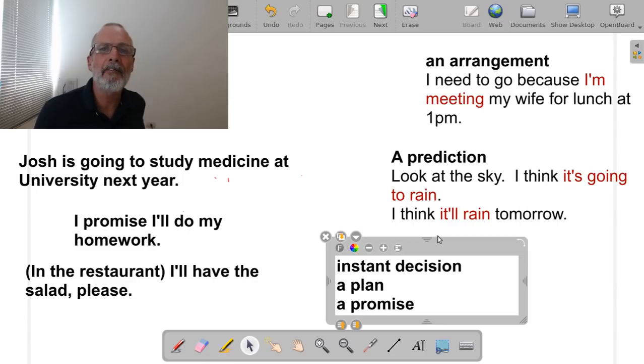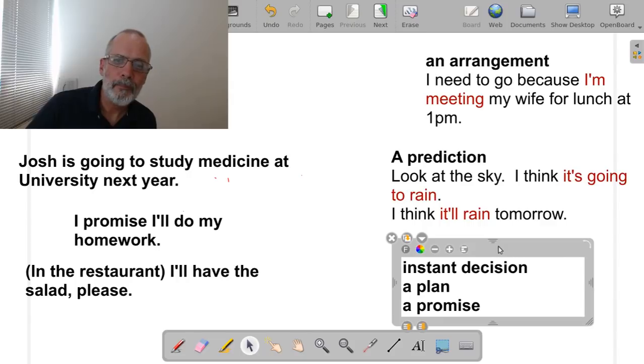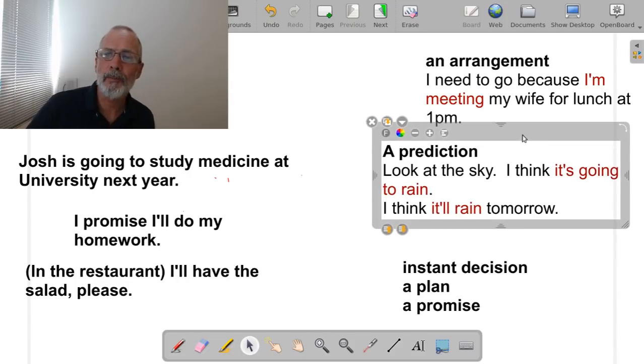In some of these I haven't used the contractions because at this point I'm just looking at the structures. Later on when I explain them in more detail, then I will talk about the contractions and the pronunciation, because earlier on somebody said it's gonna rain and I want to discuss that later, but at the moment I want to concentrate on the structures with or without the contractions.